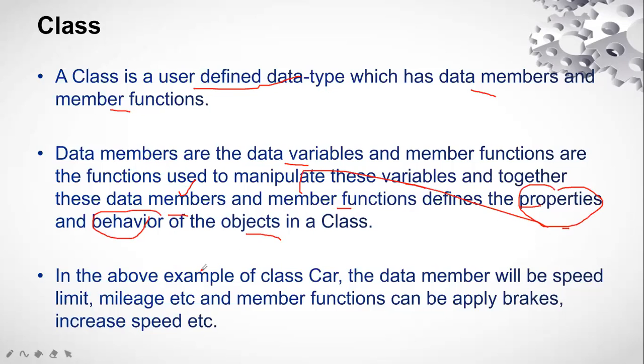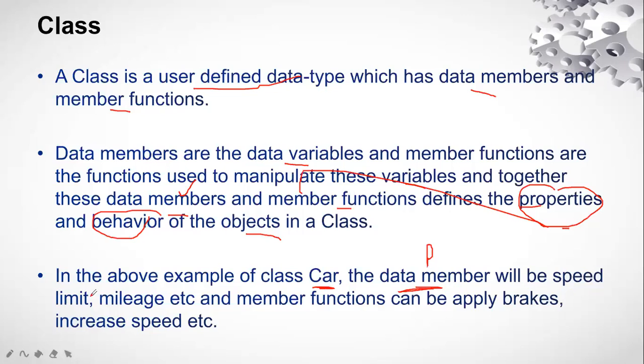Now, if we just take a simple example, I have also taken an example in the earlier session. We have a class called car. What will be the data members? Data members are the properties. What will be the properties of a car?